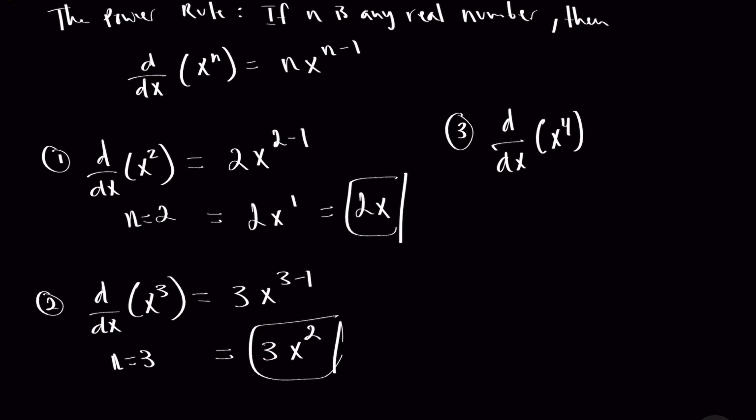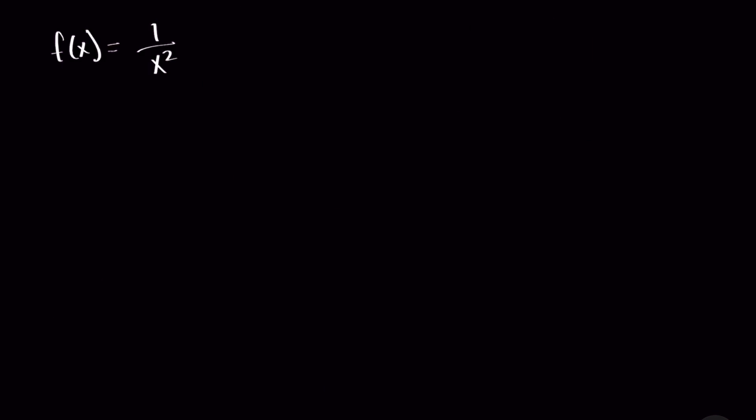So the derivative of x to the 4th would be 4 times x to the power of 4 minus 1, which is 4 times x to the power of 3. So I think we get what the point is. The exponent is going to be subtracted by 1 in this case.